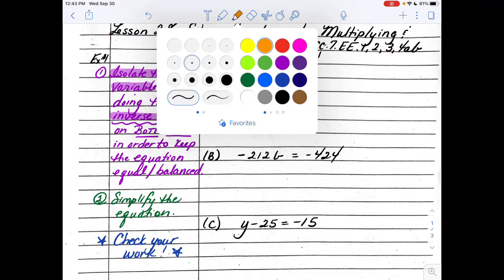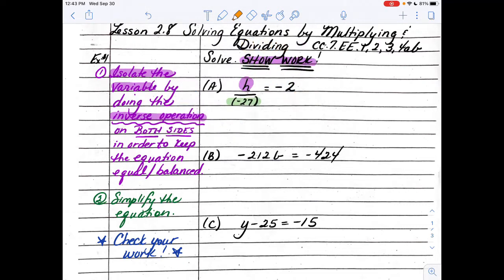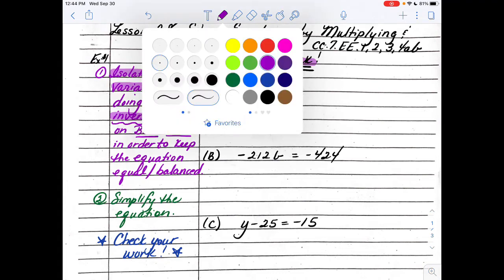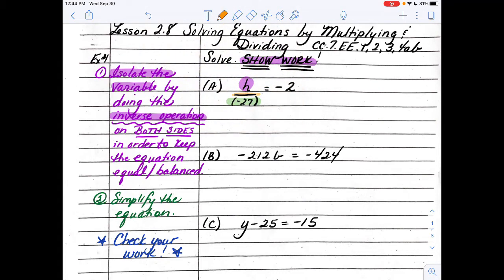That's what this fraction is actually saying. A fraction is a division problem. So h divided by negative 27, well, what is the opposite of dividing? The opposite of dividing is multiplying.